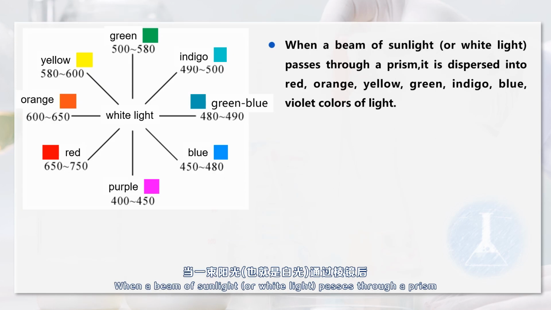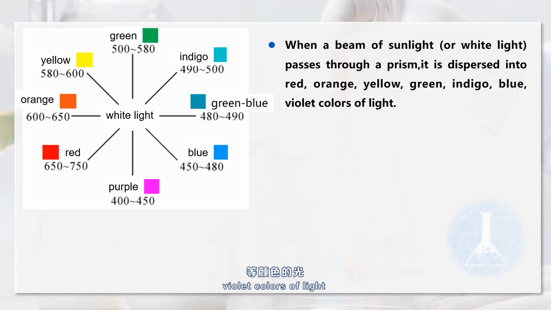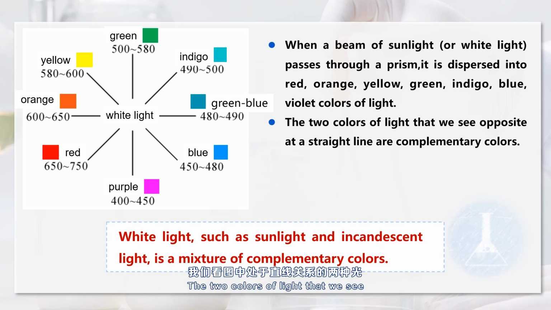When a beam of sunlight or white light passes through a prism, it is dispersed into red, orange, yellow, green, cyan, blue, and violet colors of light, which have different wavelength ranges. In turn, these different colors of light mix at a certain intensity ratio to form white light. The two colors of light that lie opposite each other on a straight line are complementary colors.